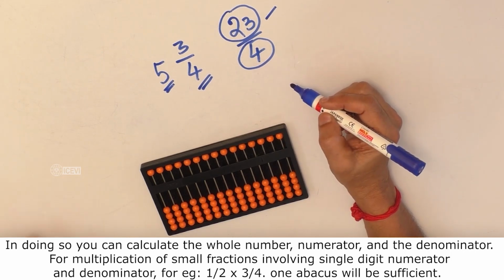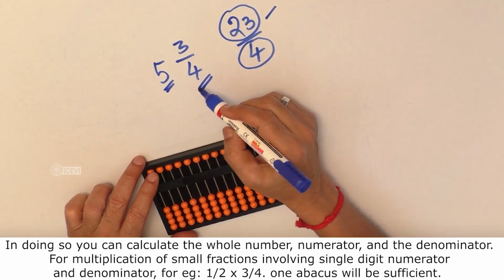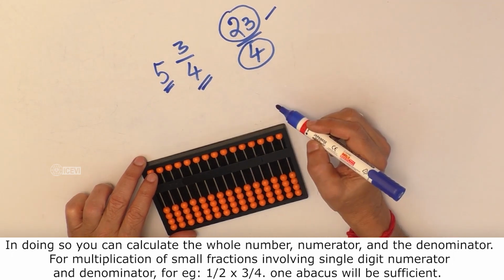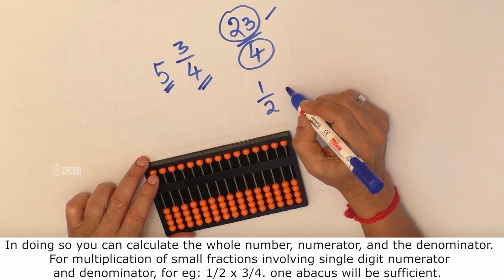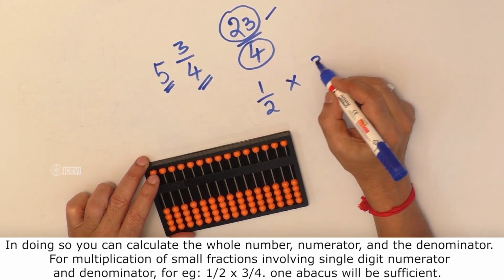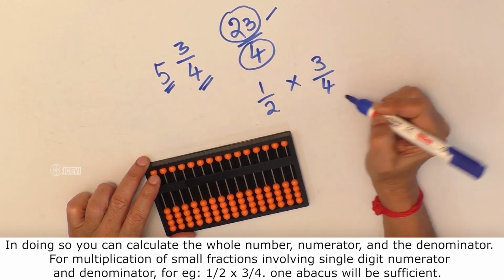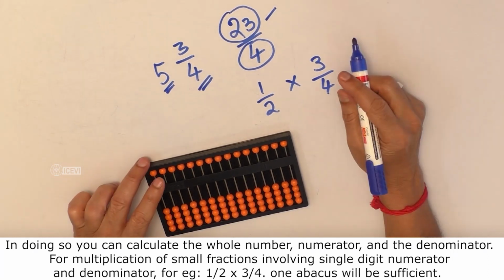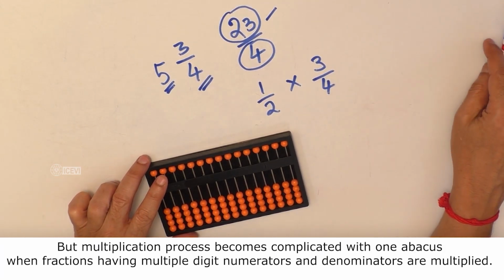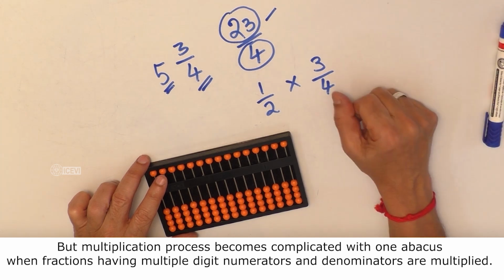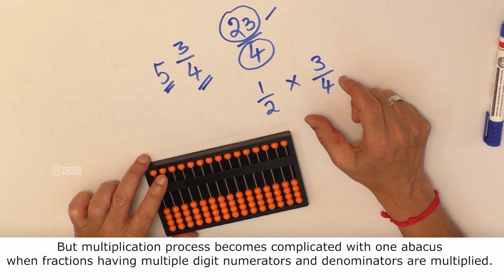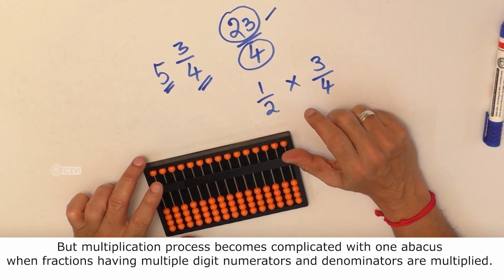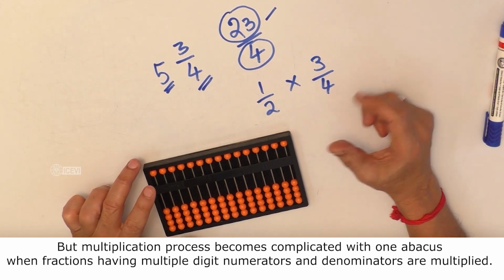For multiplication of small fractions involving a single digit numerator, for example 1/2 and 3/4, one abacus will be sufficient. But the multiplication process becomes complicated with one abacus when fractions having multiple digit numerators and denominators are multiplied.